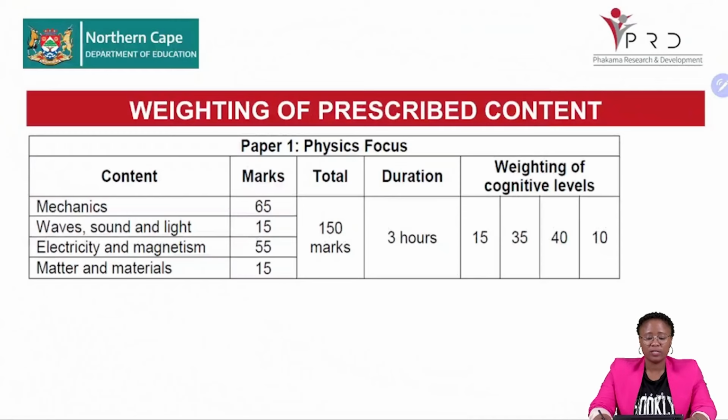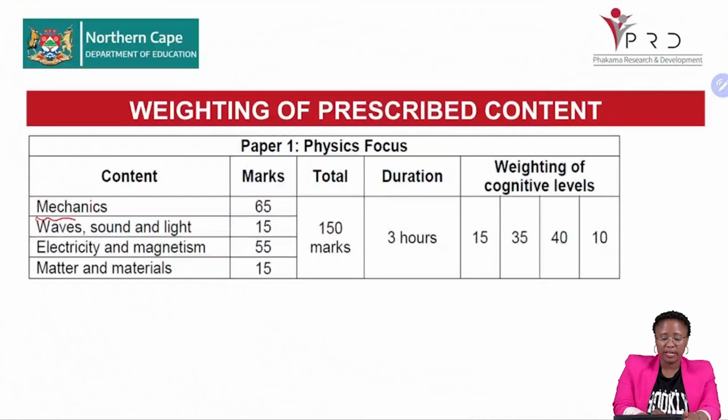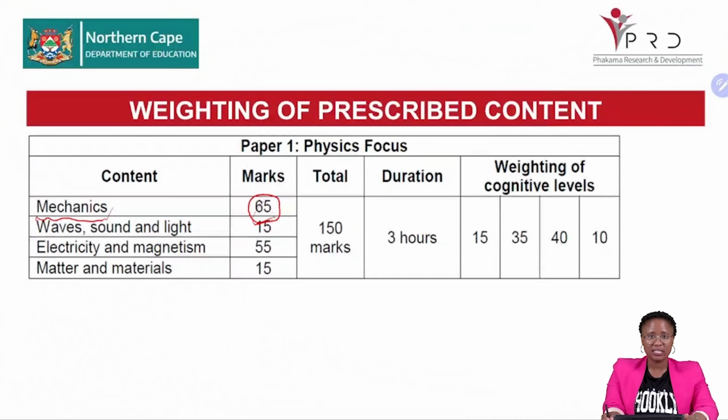Now the next thing I want us to look at is the weightings of the prescribed content, so that you know how much work you need to put in as you prepare each topic. Now remember, the topic that we are going to be looking at is Newton laws, so it is under the knowledge area mechanics, and mechanics in paper 1 carries a lot of marks. As you can see, it carries up to 65 marks, and then out of that 65 marks, we have other knowledge areas such as wave, sound, and light.